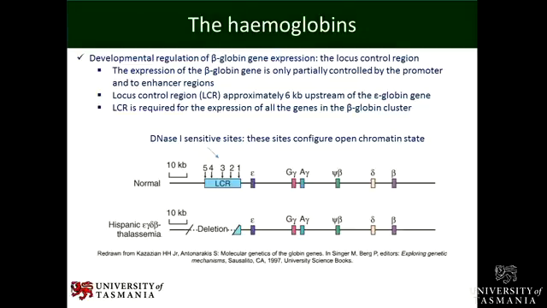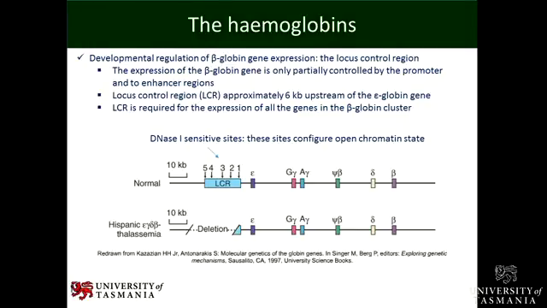This locus control region has DNase 1 sensitive sites, which basically configure it in an open chromatin state. And you guys remember what happens when chromatin is open versus closed. When your chromatin is open, you allow various transcription factors to come in and bind and regulate gene expression. When chromatin is tightly packed, it's silenced. So this is a really important region. There is a Hispanic epsilon gamma delta beta thalassemia where this whole region is deleted.